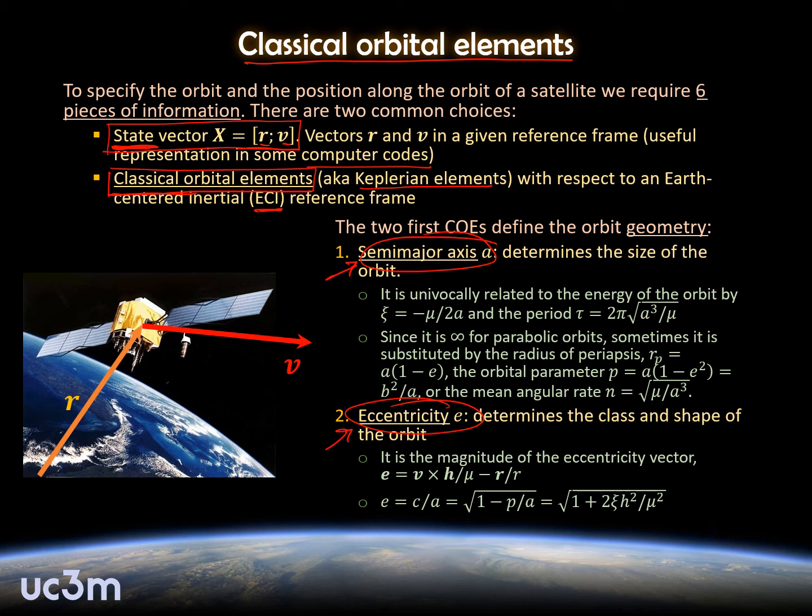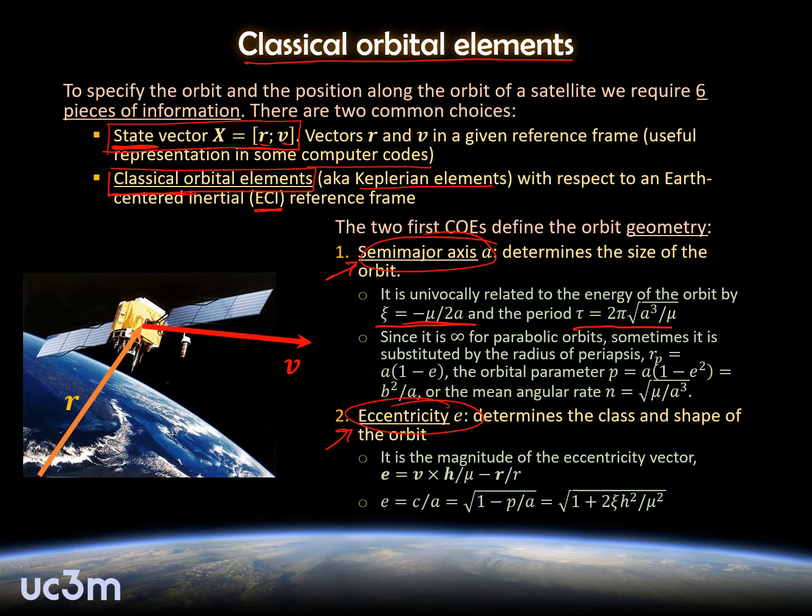Now, regarding the semi-major axis, as we have seen with the derivation of the Vis-viva equation, it is univocally related with the energy of the orbit, but also with the period in the case of an ellipse.